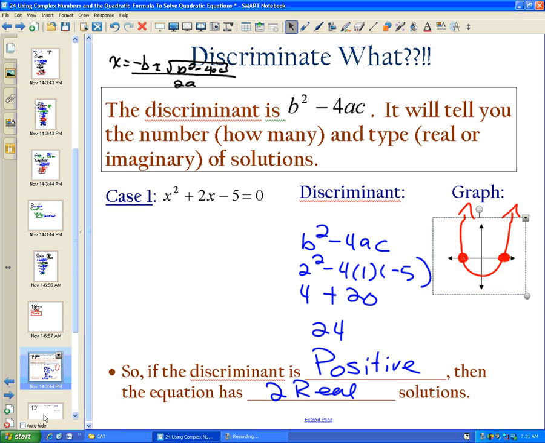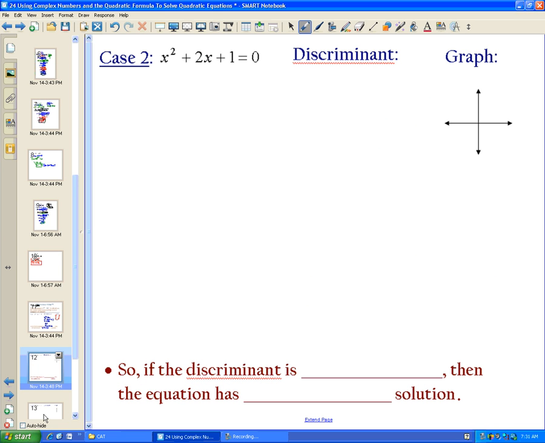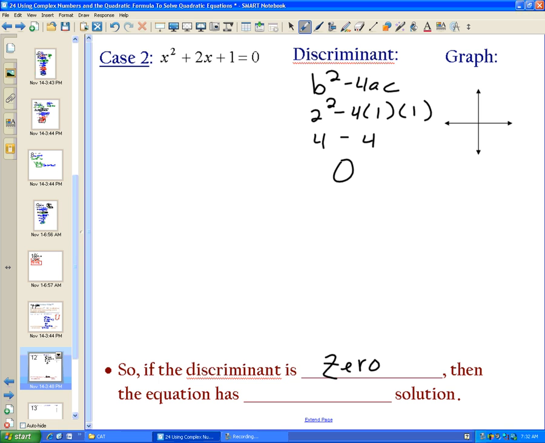Case 2. My discriminant, again, is b squared minus 4ac. b is 2, so this is 2 squared minus 4 times a, which is 1, times c, which is 1. 2 squared is 4. 4 times 1 times 1 is 4. 4 minus 4 is 0. So if the discriminant is 0, then the equation will have one real solution, and this is what we call our double root.